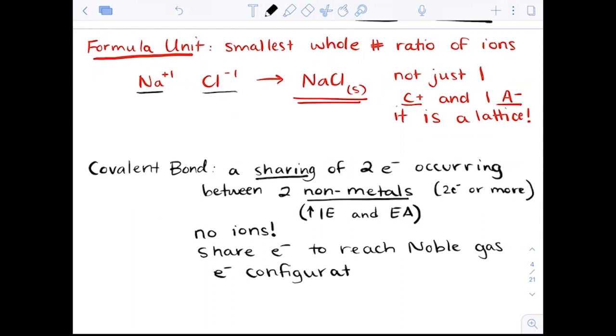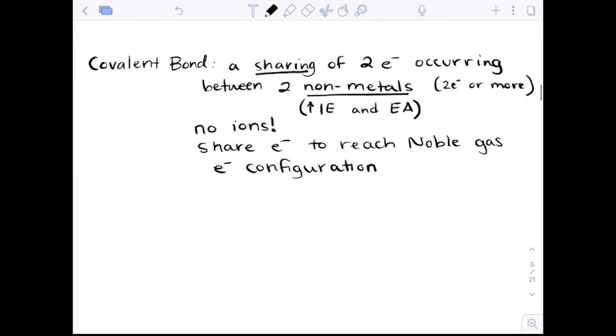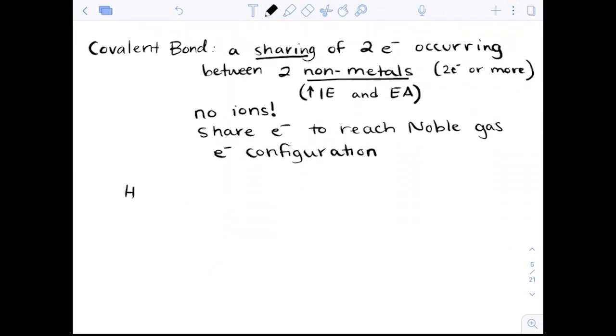So, the sharing occurs between the 2 nuclei, and it will be a very structured look. So if we think about hydrogens and oxygens in water, oxygen has an electron configuration of helium 2s2, 2p4.